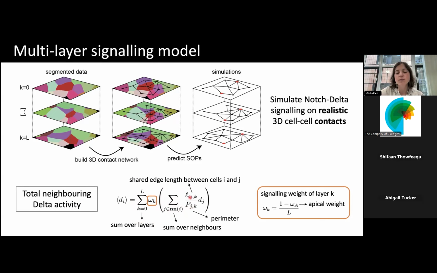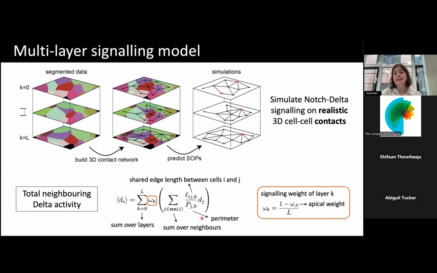And what's also really nice is that in this model, we're inputting, again, real cell-cell contacts. So we have information such as the shared edge length between each pair of cells, which is important because signaling is proportional to the shared interface between cells, as well as the perimeter of the cells.